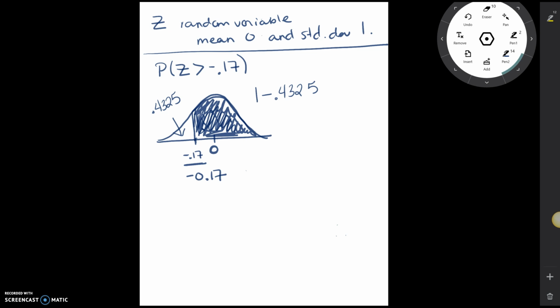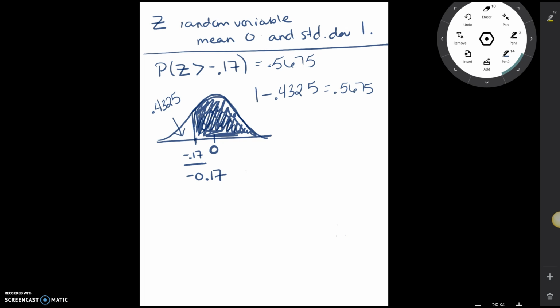So we take 1 minus 0.4325, and the area we want is 0.5675. So this probability is 0.5675. This is why drawing the pictures beforehand is so important, because that's going to help you figure out whether you are looking at the area to the right or the area to the left of a point. And remember that the table is always going to give you the left areas.